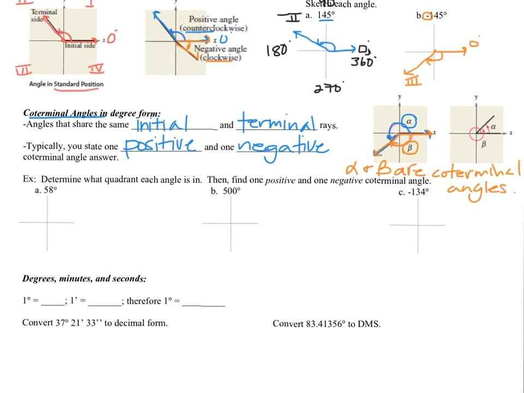And you can see in that second angle measure set that they both share the initial and terminal rays as well. Notice beta is greater than 360. It goes around the whole coordinate system more than one time. Let's take a look at creating some angles, figuring out what quadrant they should be in, and then finding one positive and one negative coterminal angle.